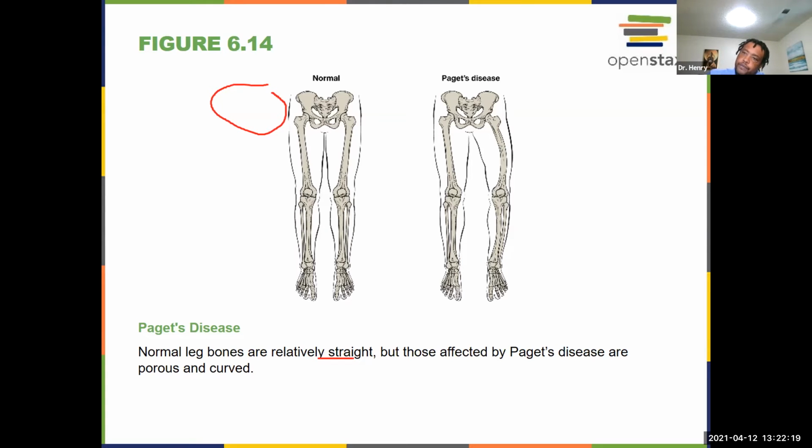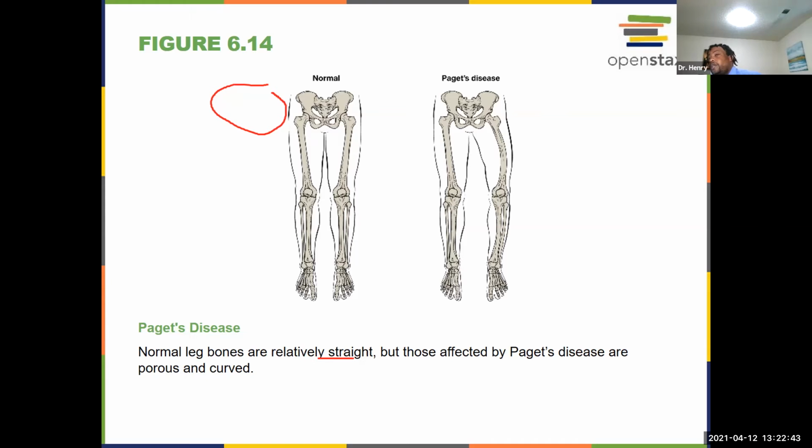So this is an example of an individual that has deformation or a disease called Paget disease. With Paget disease, basically, the individual is kind of bow-legged, and their bones are really curved, and they're also very porous.